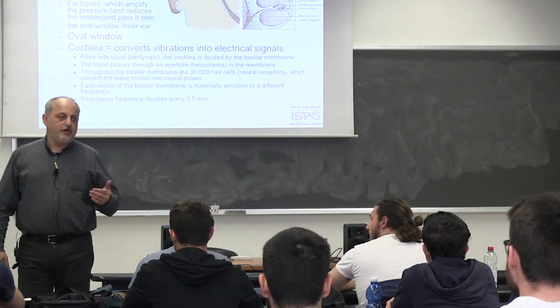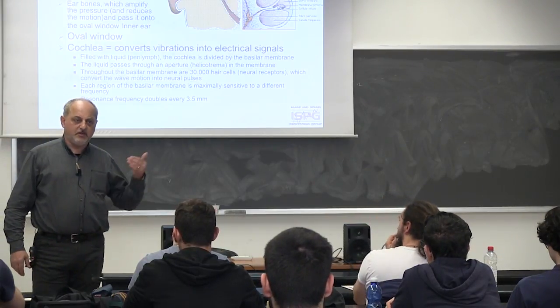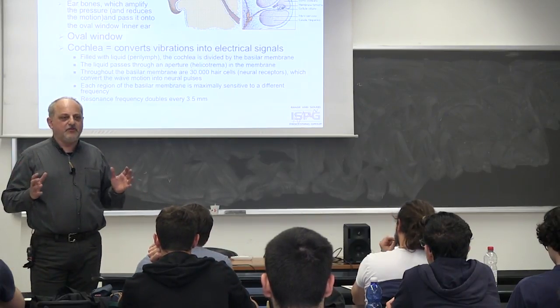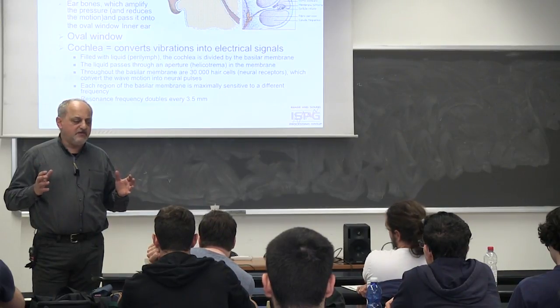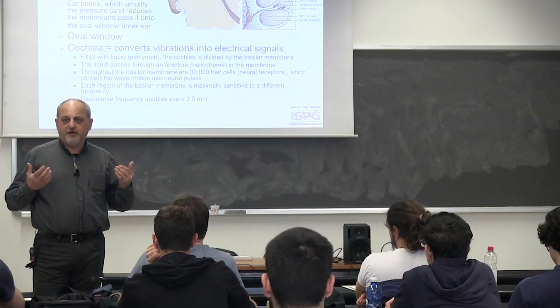In order to do this, there are quite a few mechanisms that we employ, and we'll discuss them all as we go along with the course. But the minimum thing that we can do is to try to make sure that our hearing system is maximally sensitive to the frequencies that are produced by our speech.